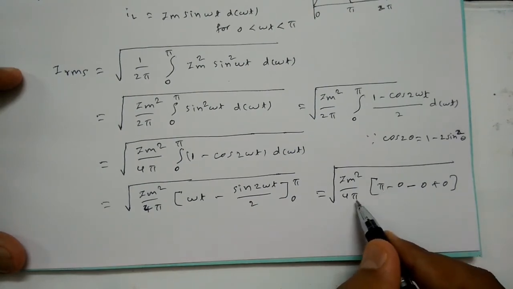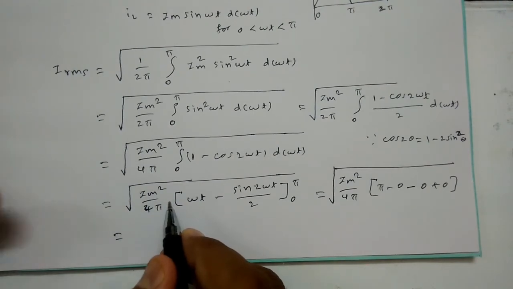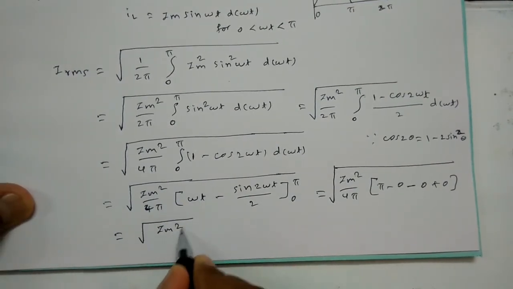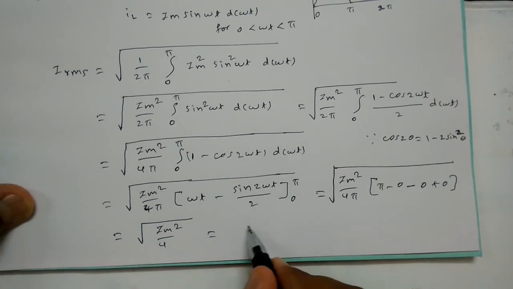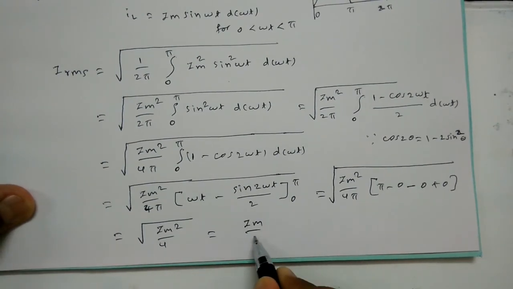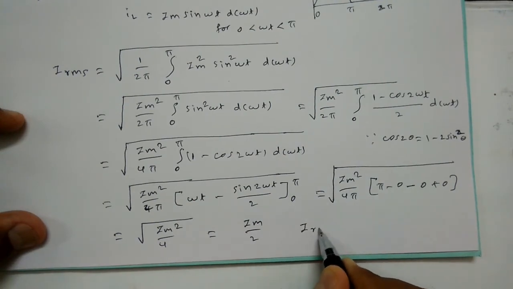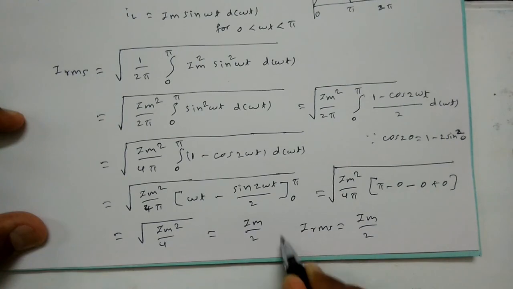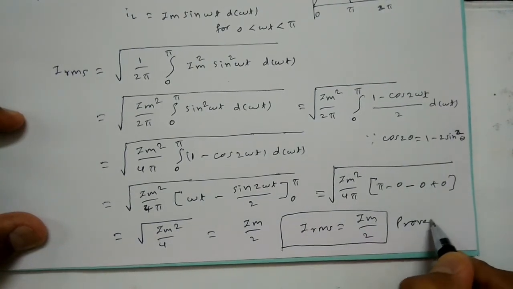This pi and this will get cancelled, and that's why what we are remaining with, under root, is Im square by 4, and if you extract the square root, this is Im divided by 2. It means that IRMS in case of half wave rectifier is Im by 2. This is proved. Okay.